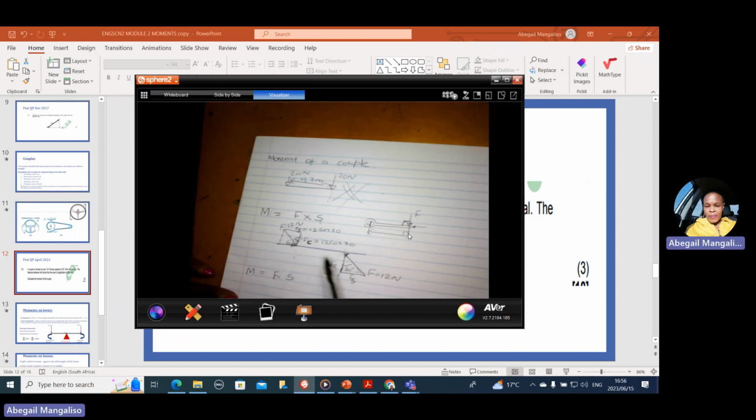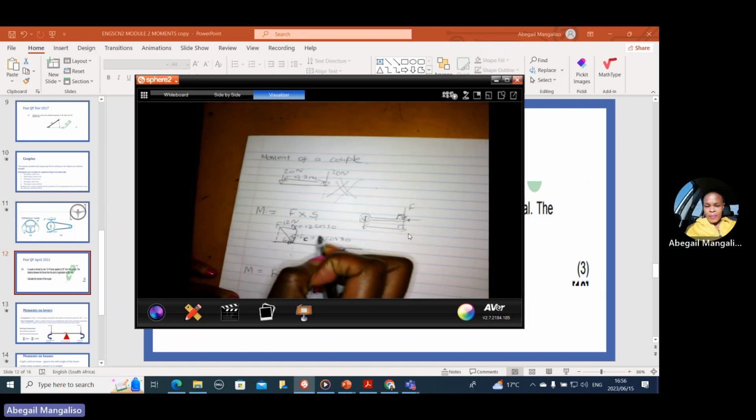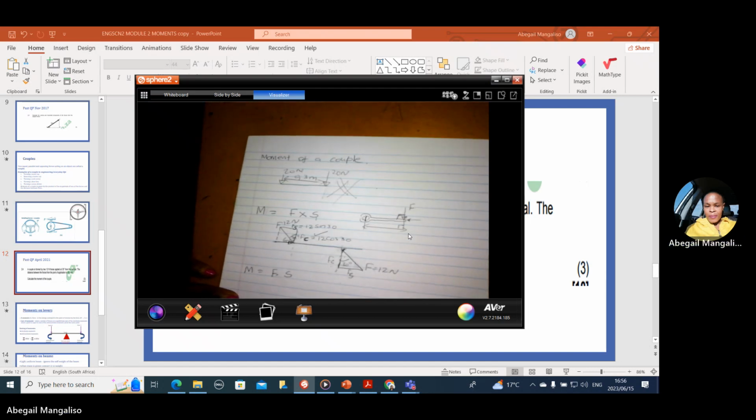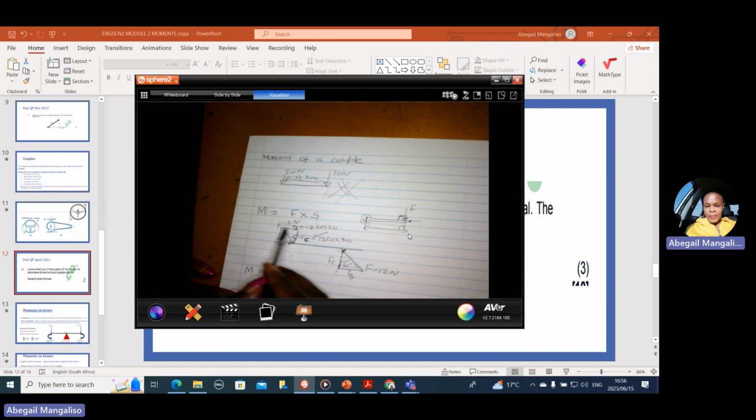So FC is the one that is perpendicular to the plane, but FS is parallel to the plane. So FS will have no turning effect about this point.